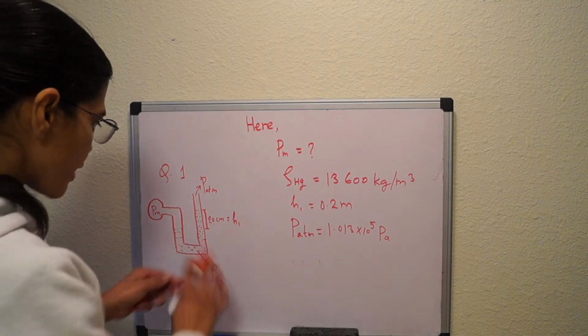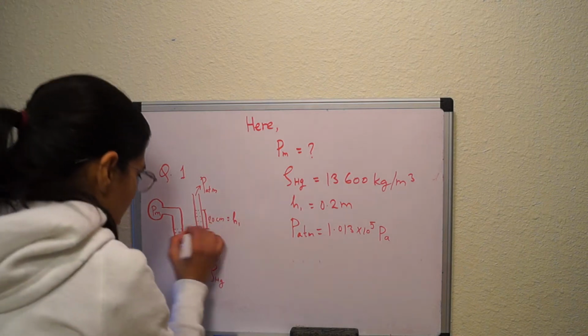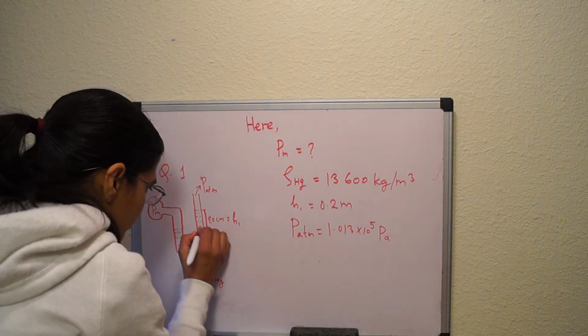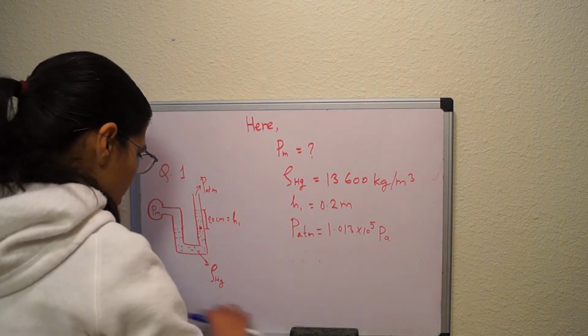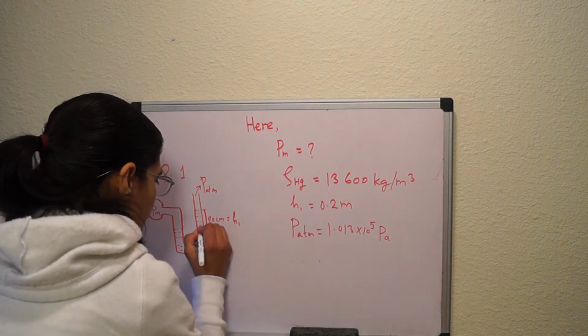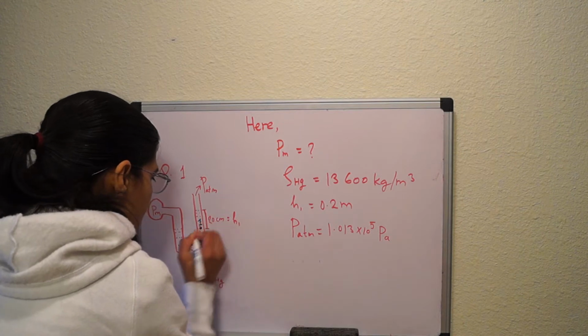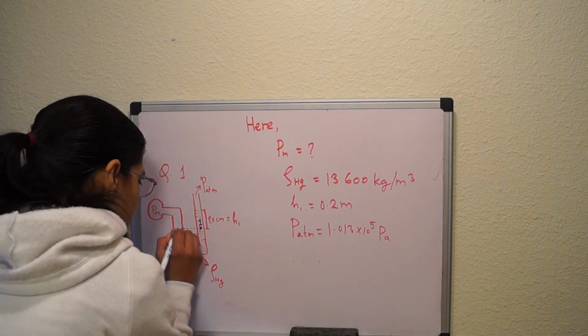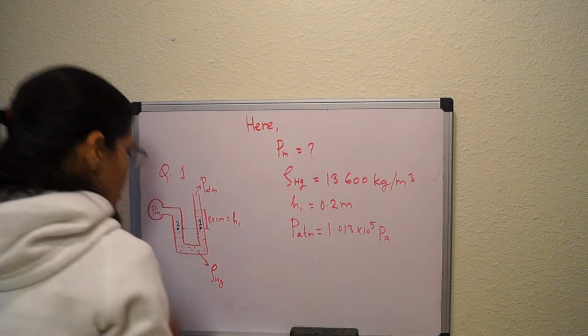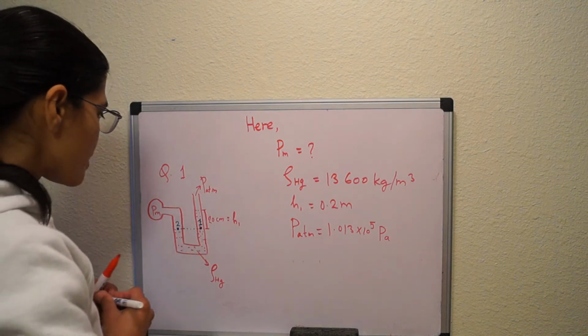Let's look at the right hand side first. At this height, let's call this point 1, reference point 1, and then I'm going to take that same height here and label this point as point 2. Those are the two different points.